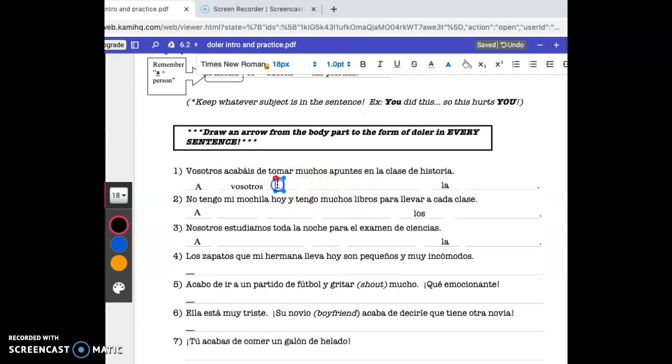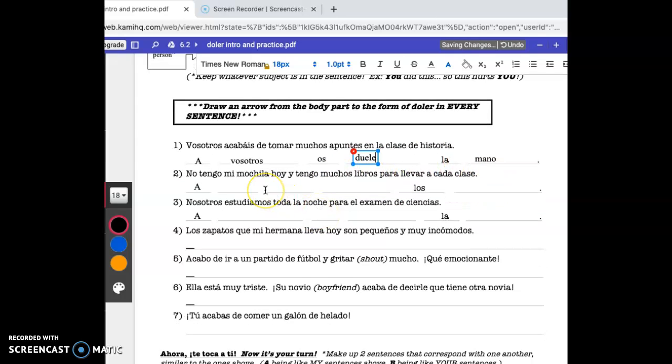A vosotros, os. And now what thing is hurting to us? It's our hand, because we took lots of notes. I guess you could say head also, either way. And here I decide between duele or duelen. So the form is duele based on la mano.